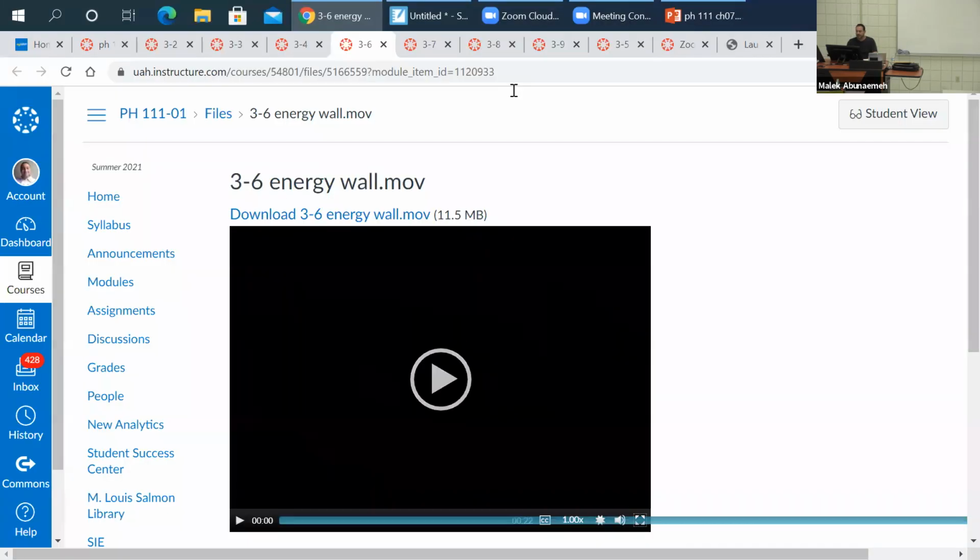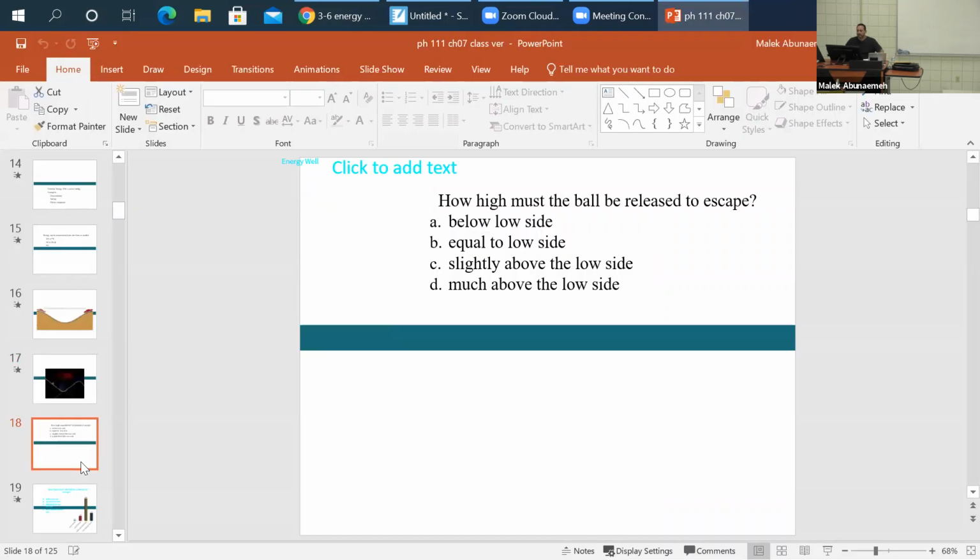So the question is, how high from that side do we have to release the ball in order for it to escape? Was it below the low side, equal to the low side, slightly above the low side, or much above the low side? Let's go right ahead.